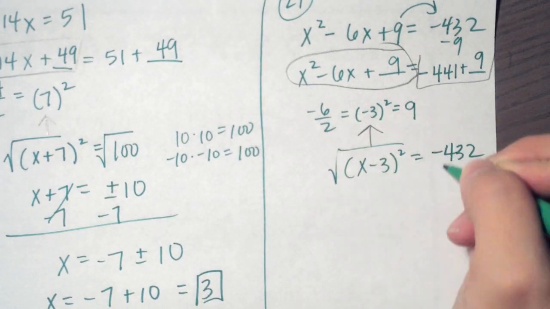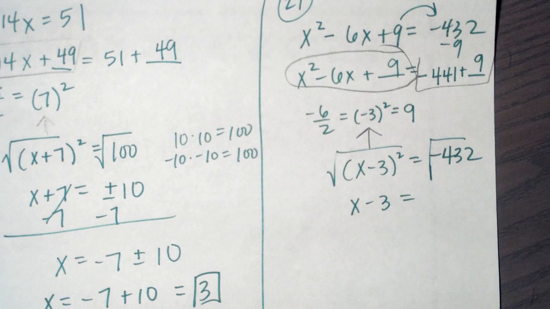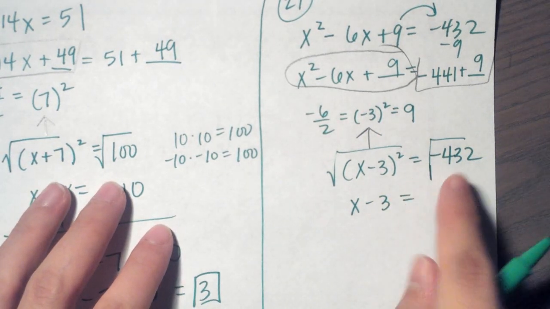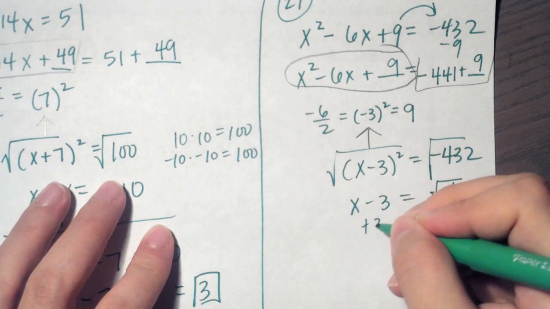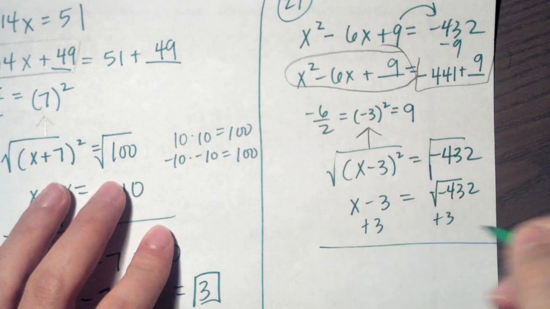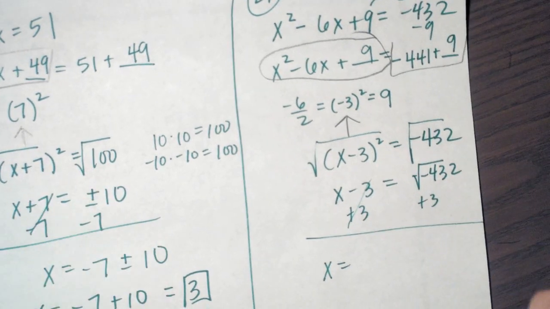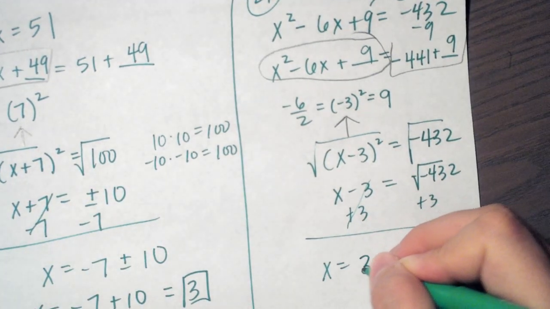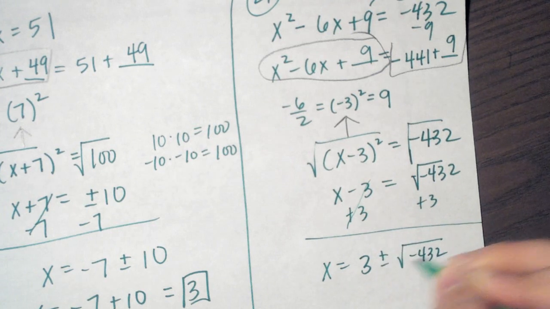I'm going to take the square root on both sides. So I have square root of negative 432, and then I'm going to add 3. So I have 3 plus or minus the square root of negative 432.